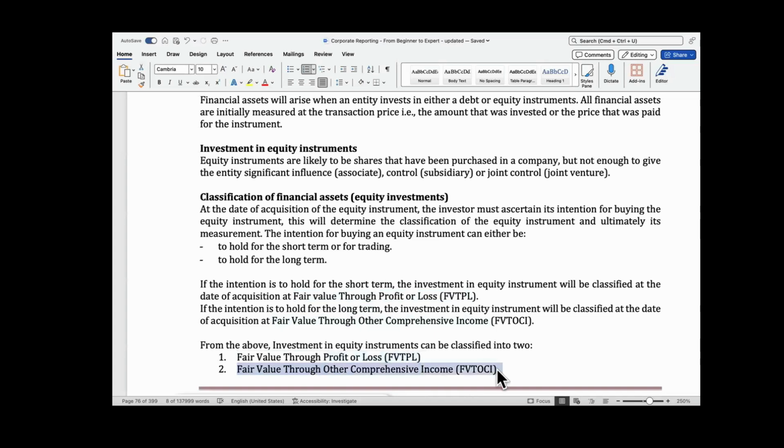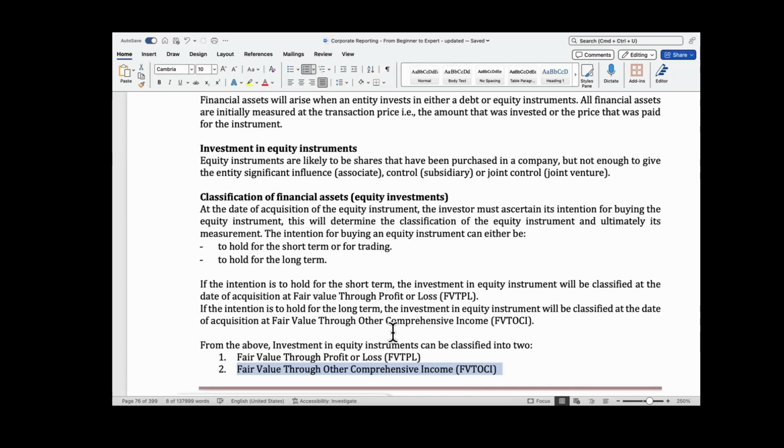You need to understand that the only reason why I'm talking about classification here is because you're buying shares. We won't be sure why you're buying it. People buy it for different motives. It's different from other types of assets where, when you buy it, everybody knows this is what you have bought it for.